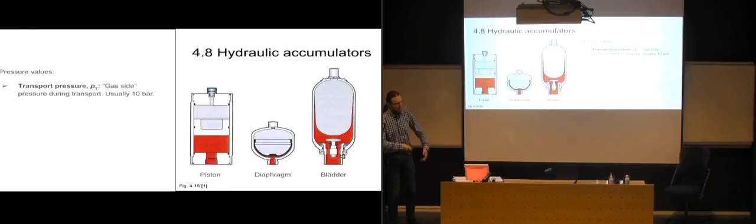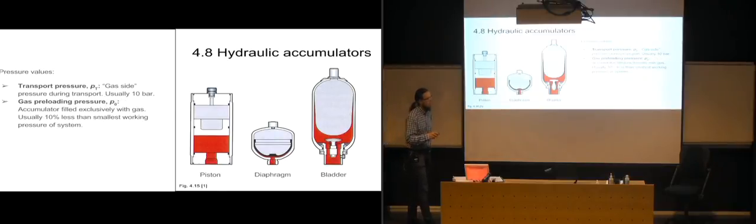So this is after it has been made in the factory and is going to be transported to wherever it's going to be installed in a system. Then it's usually around 10 bars in there. So it sort of has a pre-pressure of 10 bars.